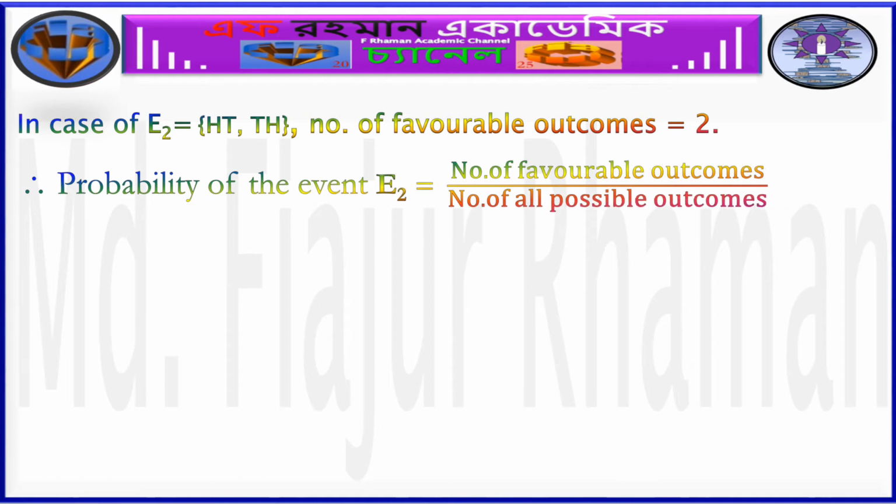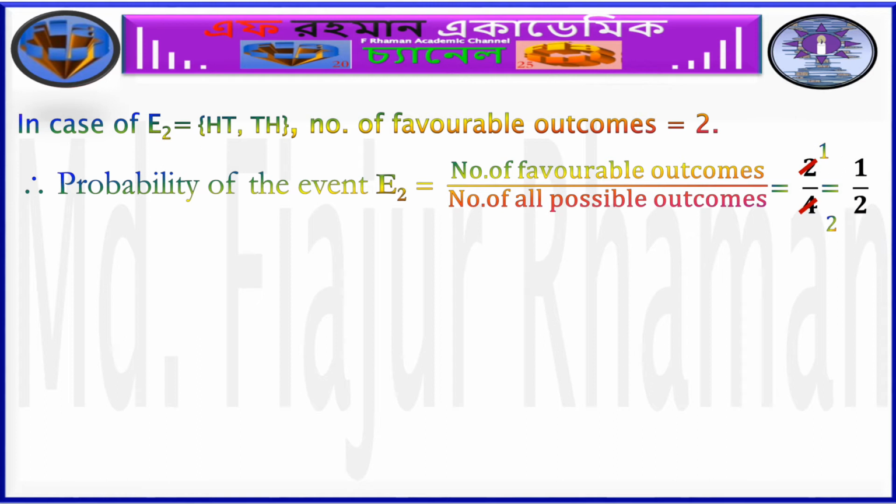Therefore, probability of the event E2 is equal to number of favorable outcomes by number of all possible outcomes, which is 2/4. 2 is a common factor between 2 and 4. That's why we can write 1 instead of 2 and 2 instead of 4, which is equal to half.